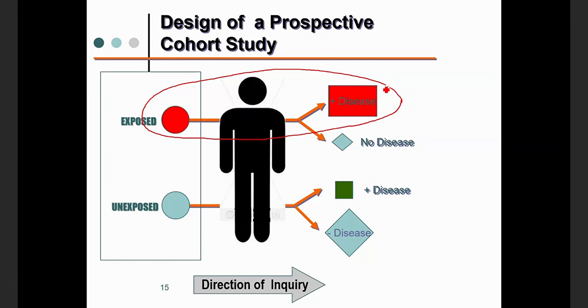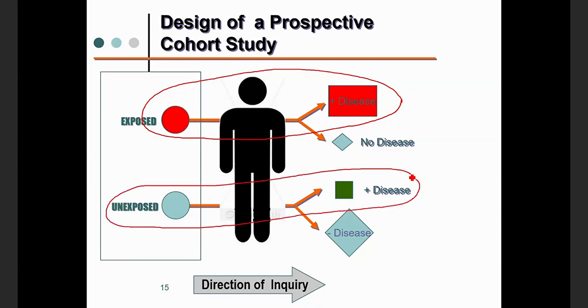Take the incidence of heart disease among smokers, divided by the incidence of disease among non-smokers. You divide these two and it becomes relative risk, RR. We call it relative risk, the actual risk.